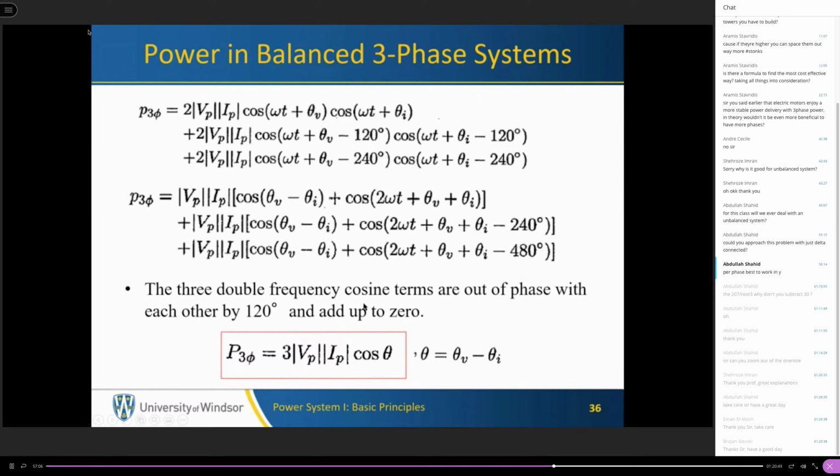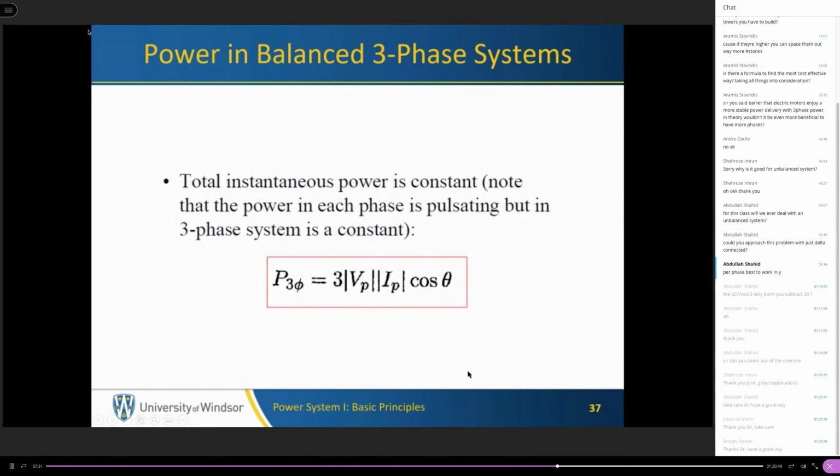It will not have any oscillations, as we saw in Simulink MATLAB. If you look here, the total power is given by this formula: 3 times the phase voltage times the phase current times cosine theta, and this is the power factor angle, the angle difference between the voltage and the current.